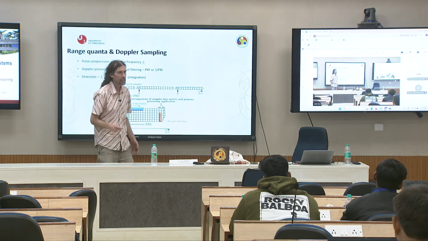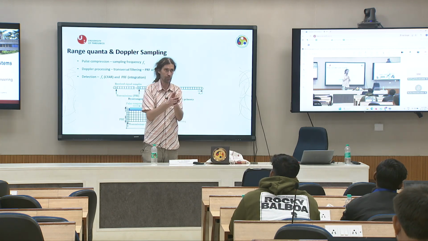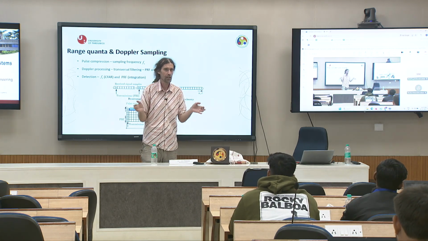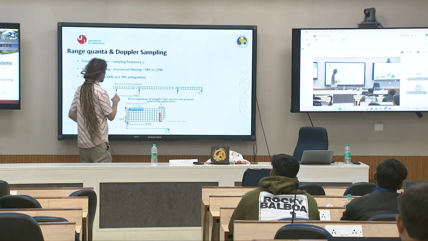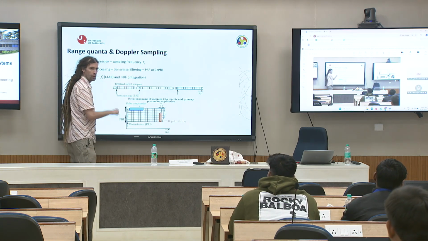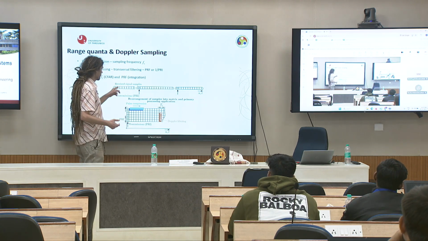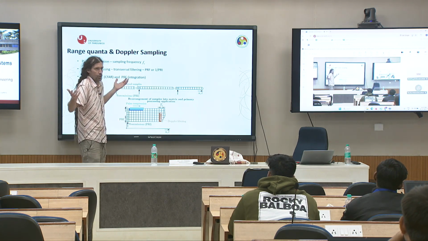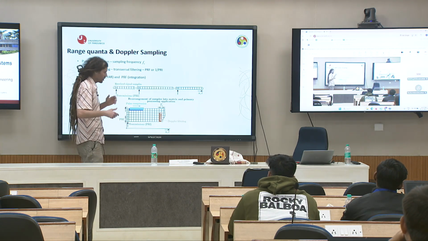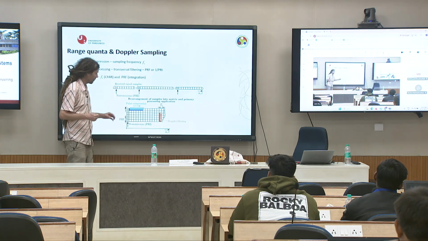And what do you need to compute? Spectrum of the signal. Do you agree? We are very dependent on spectrum. But how can you compute a spectrum from one sample, if you get my point? It is not possible. From this, it is also one sample. It is not possible. So imagine there is a visualization of what happens.